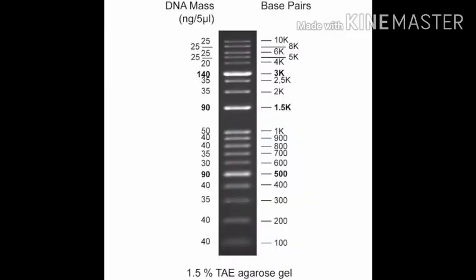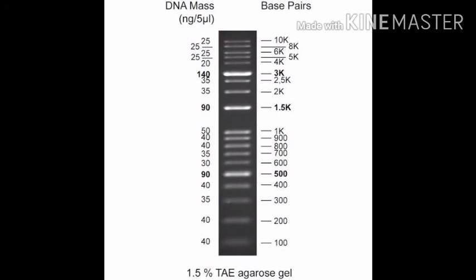One more thing that is done here is that a ladder sequence or a marker lane will be run alongside the sample that is going to be separated, because these marker bands of DNA are of certain interval or base pair size like 100, 200, 300, 400 as shown in the picture here, and that will help us identify the unknown bands within the sample, and what size of that DNA is actually there.